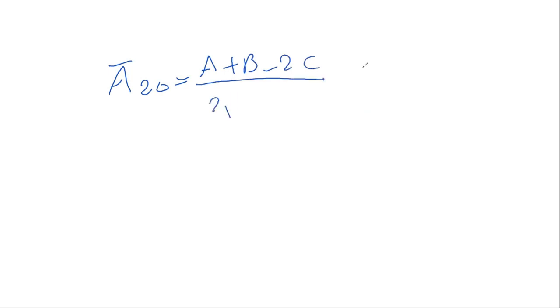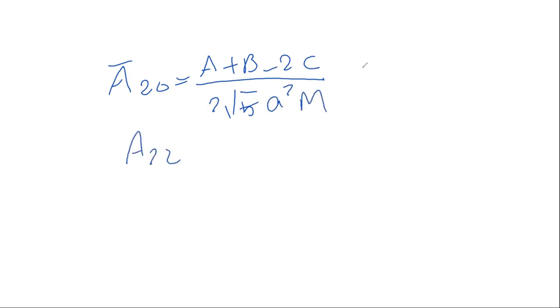So let me see. A20, which I have already determined from the eigenvalues, will be A plus B minus C divided by 2 square root of M, mass of the Earth.